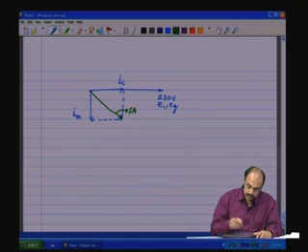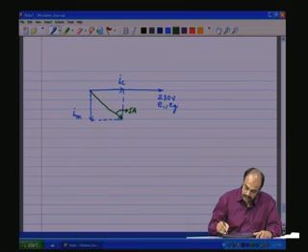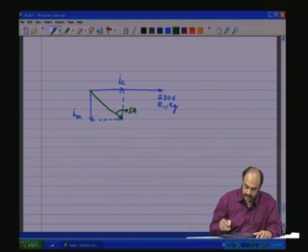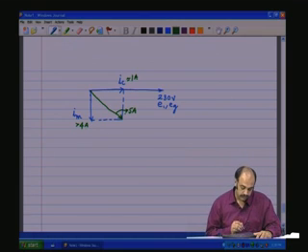So, if we look at this equation, this is approximately less than an amp, around 0.8 or 0.9 amps. So, this is approximately 1 amp, and this will be slightly greater than 4 amps, so that you get a resultant of 5 amps.